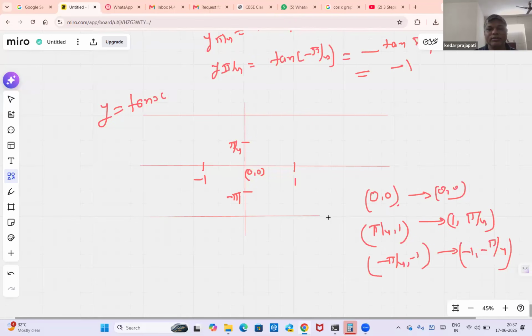Somewhere here. So just for our reference, it is a line which is passing from pi by 2 and minus pi by 2. Okay, I'll tell you the region. Now simply we'll put these values. So 0, 0 is here.